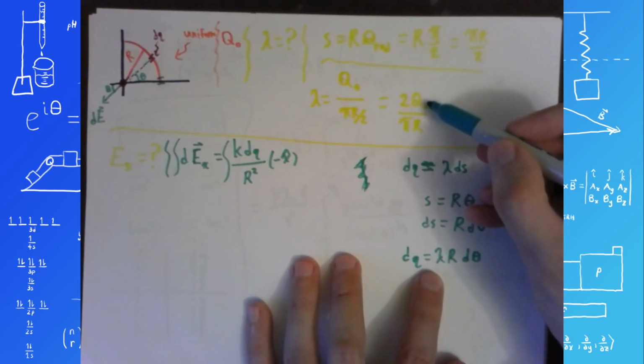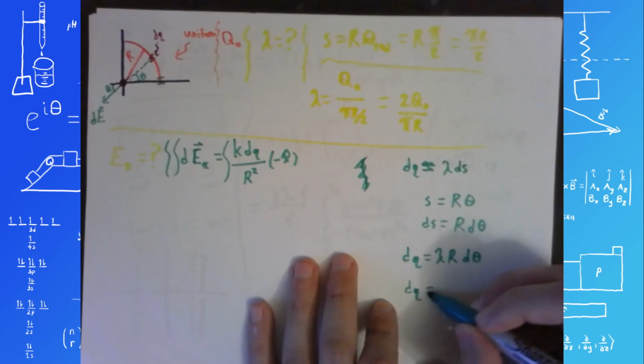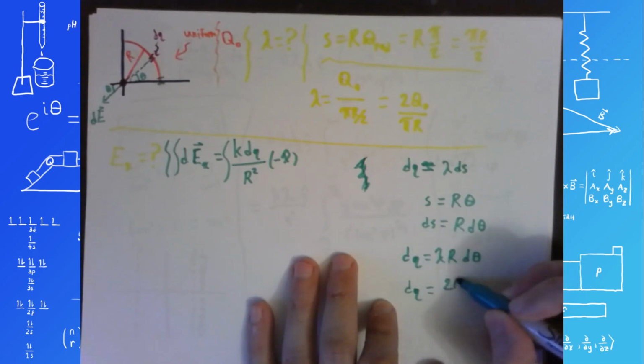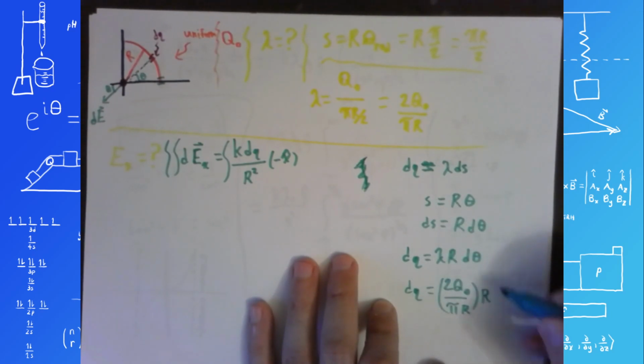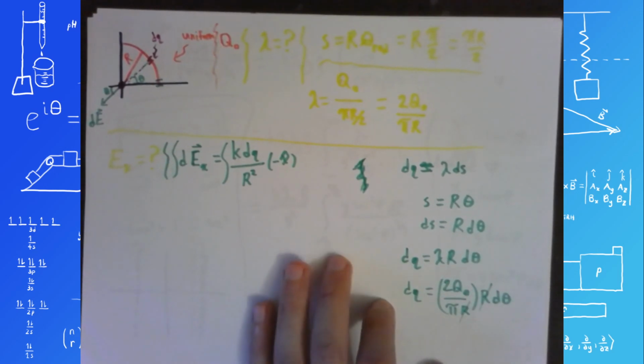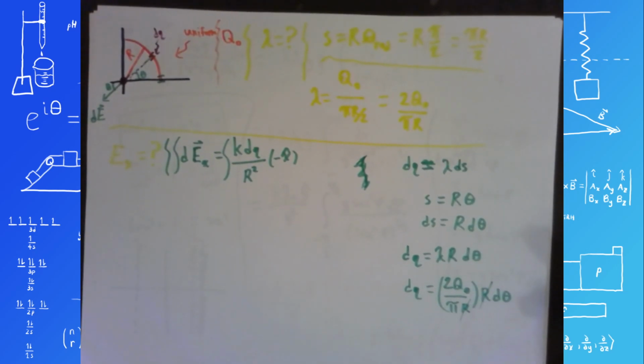Lambda is 2q0 over pi R. So we can say dq is equal to 2q0 over pi R times the R we copy over, and we copy over the d theta as well. The R's cancel out. And we just have a bunch of constants, interestingly enough.